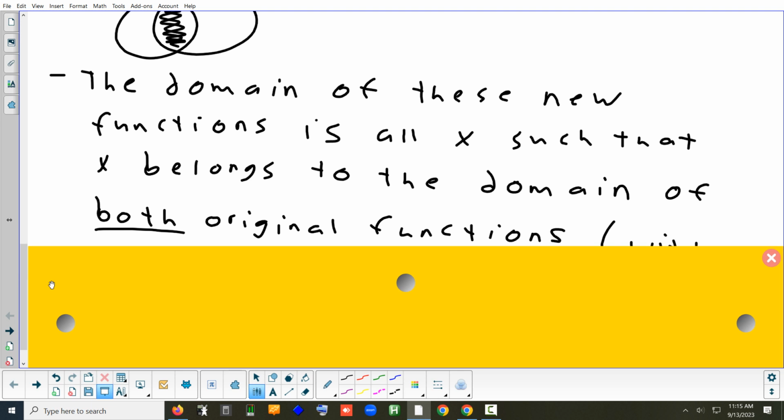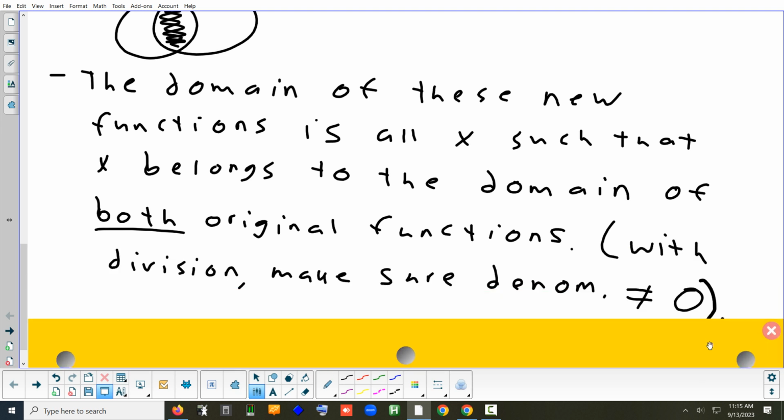Now, the only thing you have to be careful with is if you combine two functions using division, you may end up creating a fraction where you didn't have one before. And if you do create a fraction, you have to make sure that you never plug in a number that would cause you to divide by 0.